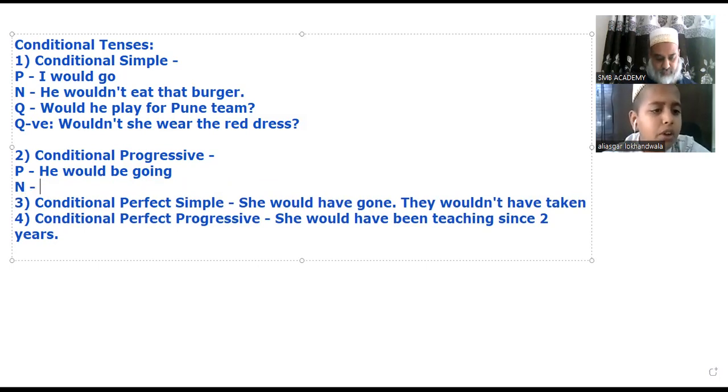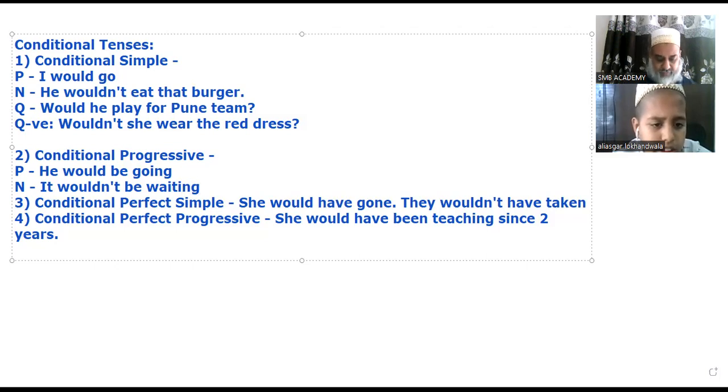Wouldn't he be going? नहीं, question नहीं, सिर्फ negative है. It wouldn't be going.